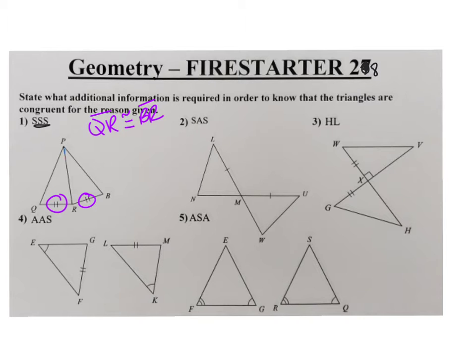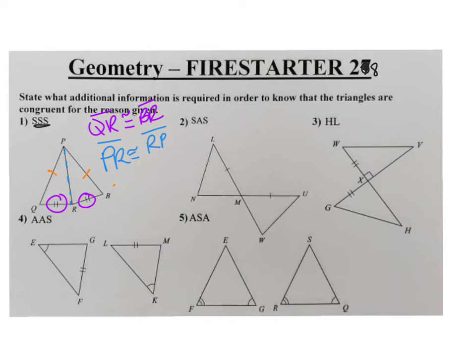Now then, without knowing any more information, I can say that PR is congruent to RP or PR again, because that's reflexive property, so I don't need more information for that. So the one statement I actually need, I need them to tell me that this PQ is congruent to PB.